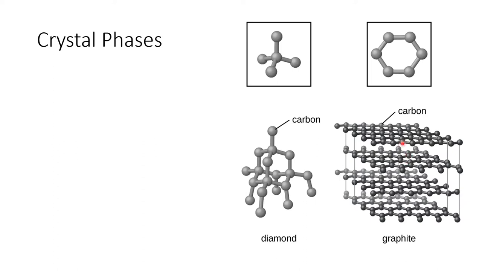We'll just call them the London dispersion forces between the carbons on this sheet and the carbons on this sheet, because obviously these are all carbons, these are all nonpolar, right? So that's all that's holding these sheets together, those very, very weak intermolecular forces, while here in diamond we have covalent bonds holding all this structure together in 3 dimensions, and so it becomes extremely hard, the hardest of minerals, a 10.